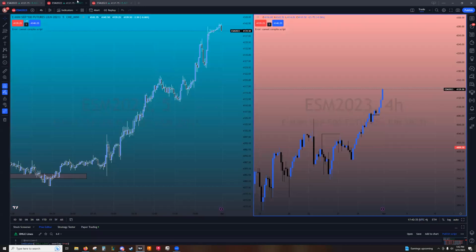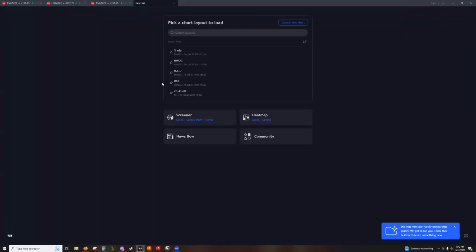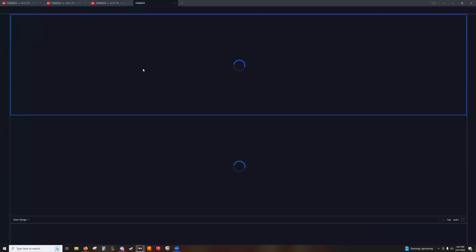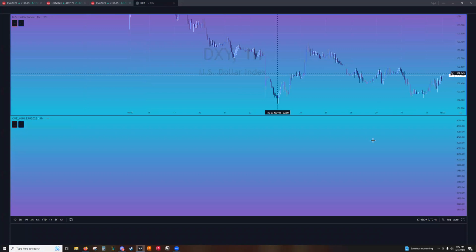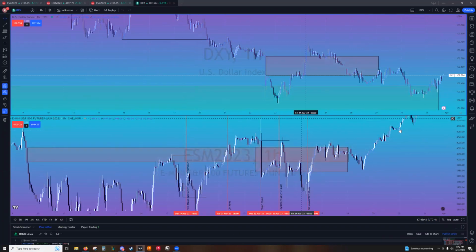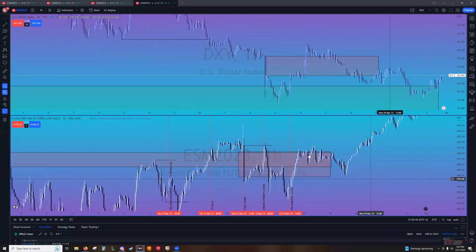The next step is looking at the Dixie versus the dollar. Or I'm sorry, the ES versus the Dixie, which is the dollar index.